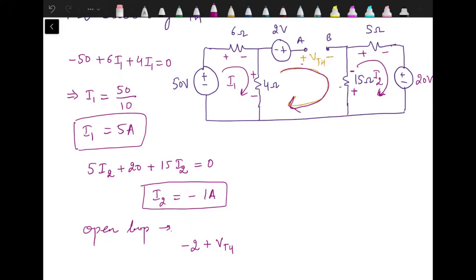Since the current through this open loop is 0, I am writing the voltage drop as per the marked polarity. So this one is going to be minus 15 I2. This is as per the direction of I2, not as per the direction of current of this loop. Similarly, we will write the drop across the 4 ohm resistance as per the assigned polarity due to current I1. So this will be minus 4 into I2 equal to 0.